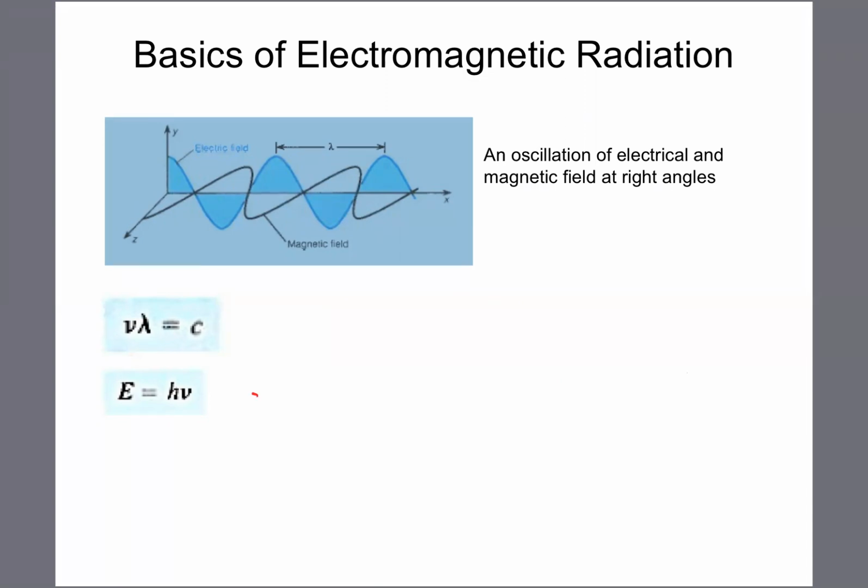Now, we also learn about this equation as it relates to electromagnetic radiation. This is what I like to call the photon energy equation, because what this equation does for us, E = hν, is allow us to compute the energy, the E term, of a single photon of light.